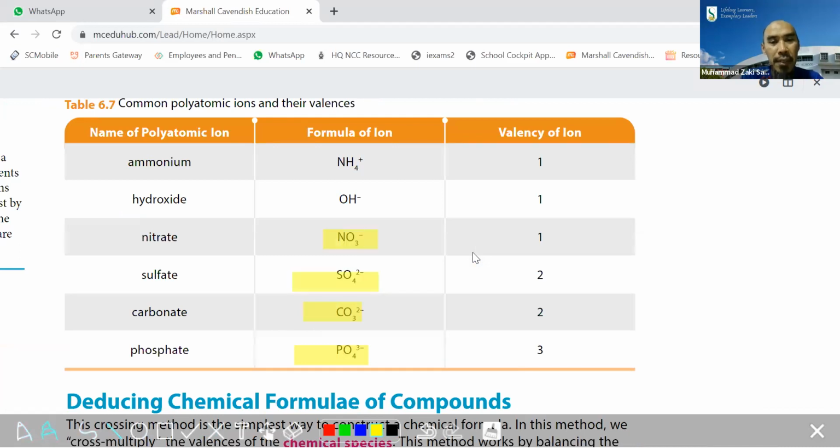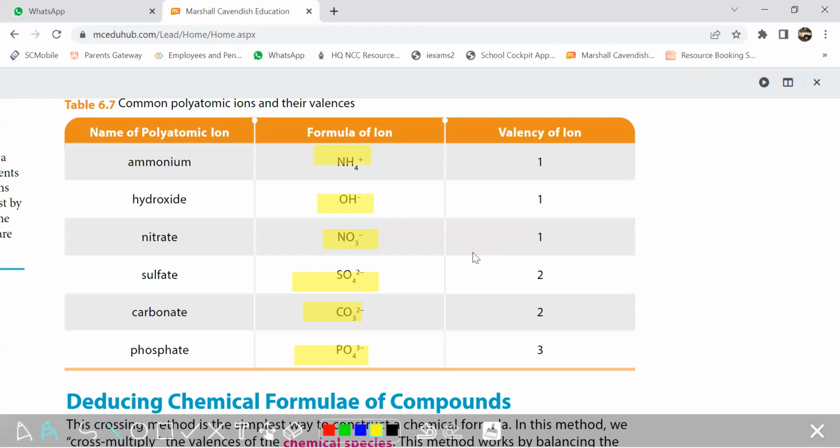All this must be memorized. Maybe for WA3 you may forget here and there, but by the end of the year you must memorize. The valency of the ion means the charge. For phosphate it is 3 minus, carbonate 2 minus. The charges are what you need to decide whether to cross multiply or balance it out.